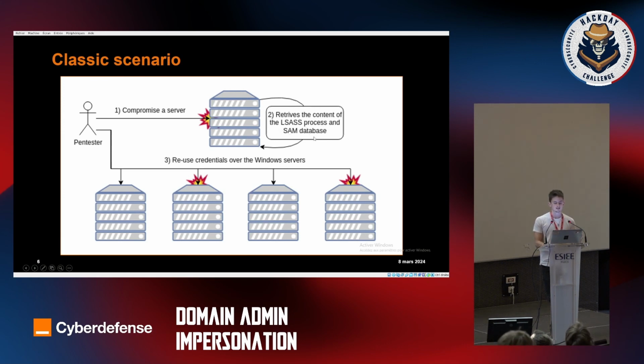What you need to know at this point is that these processes and databases contain secrets that you can reuse afterwards. With these secrets, you will be able to reuse them on other computers and servers and potentially compromise some of them. At some point, using this methodology, you will be able to compromise more privileged accounts and bounce from them to even higher privileged accounts.